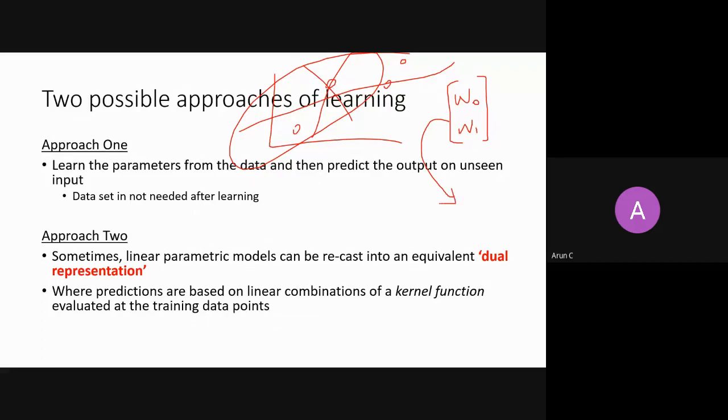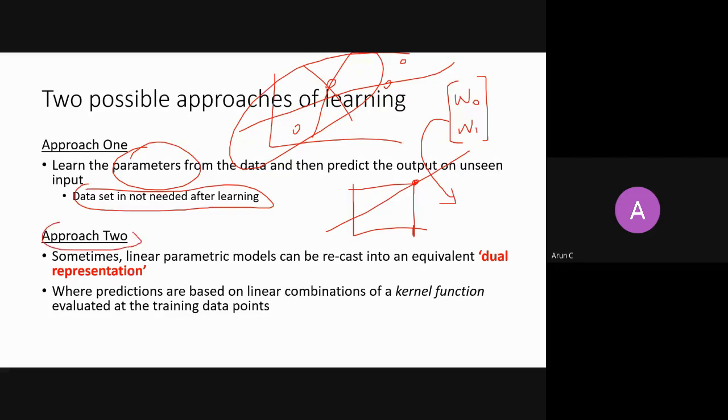If you plot the line using these two numbers, it is this. If somebody gives you unseen data, you just predict using this model, right? So in approach one, you summarize everything in terms of parameters and then predict using the parameters. The data set is not needed after learning. Once you learn the parameters, you can ignore the data set totally.